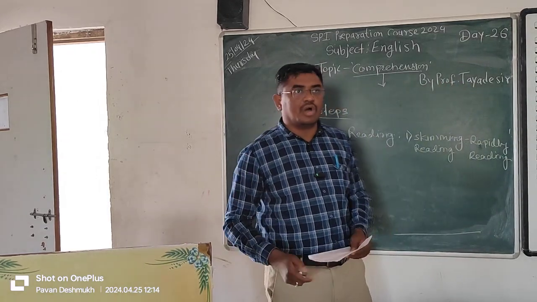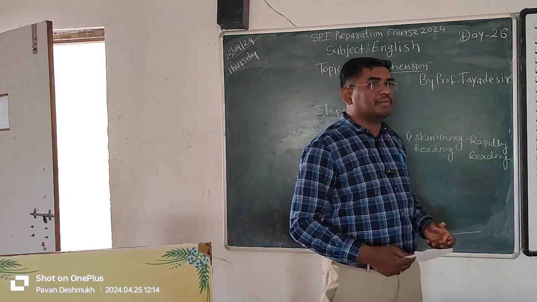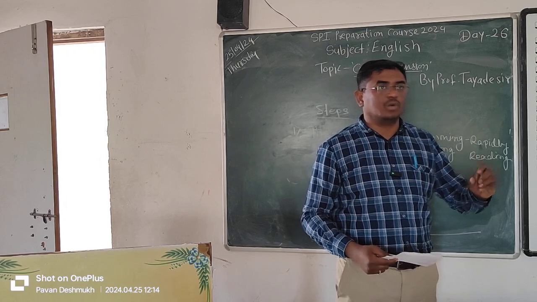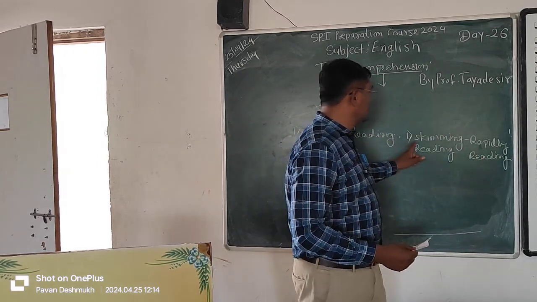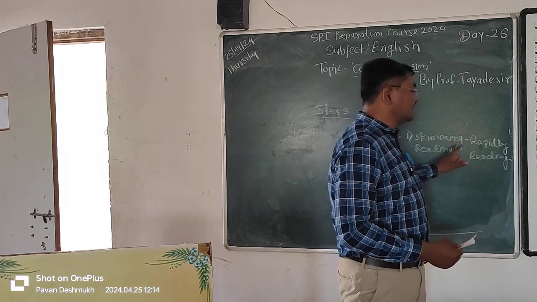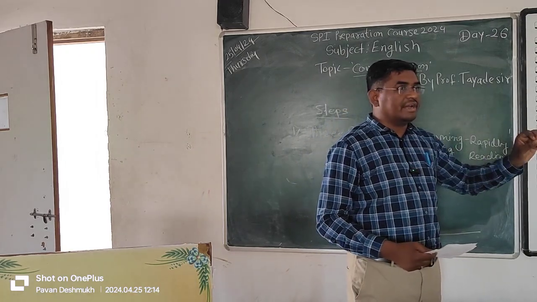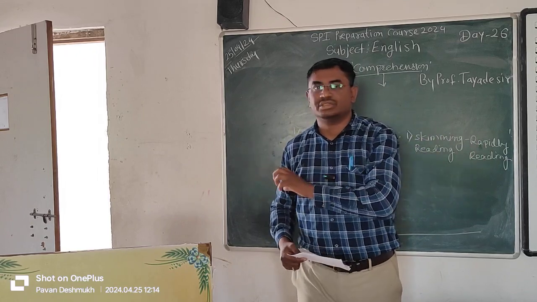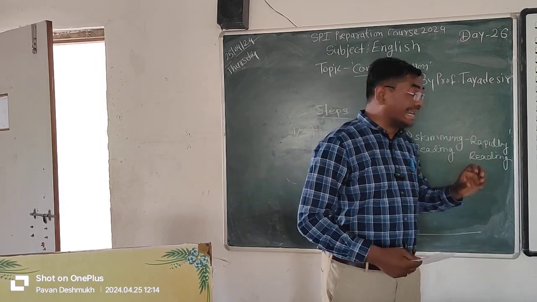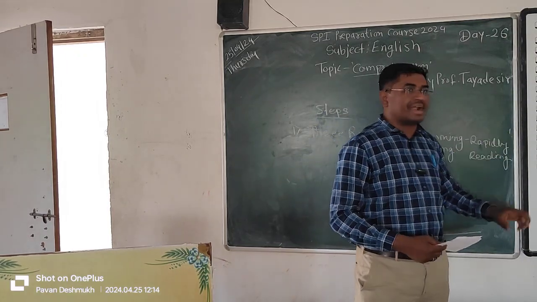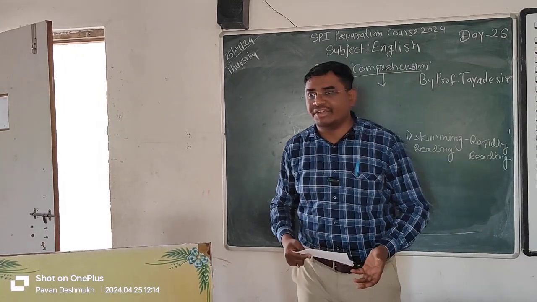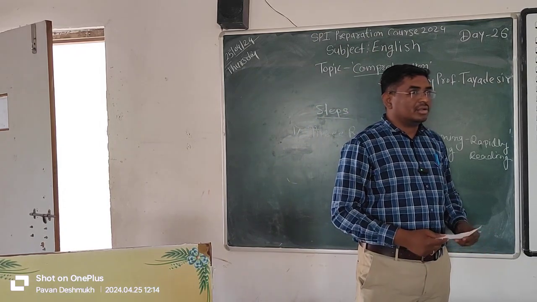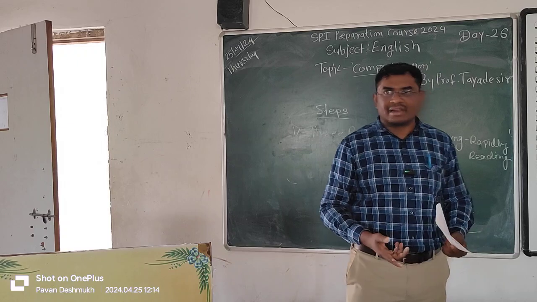When you go through the comprehension section, you first follow the first reading, that is skimming. Skimming means a very hurried or rapid reading of that passage. When you read that passage very rapidly, what is the motto behind it? Take a glance at the paragraph.